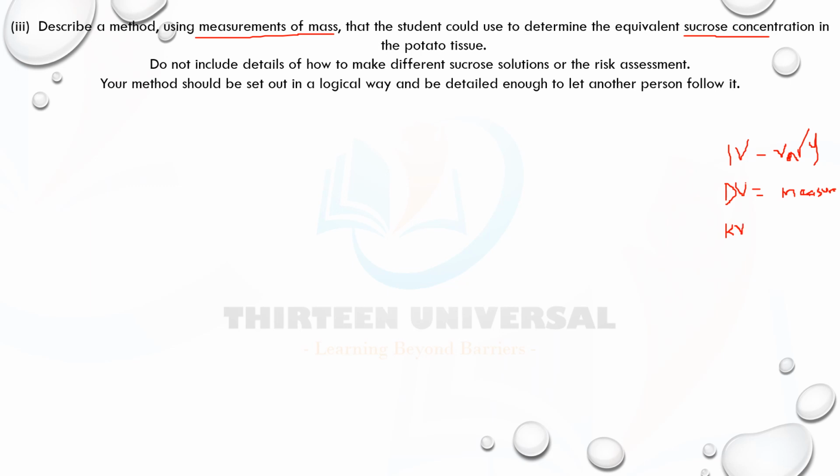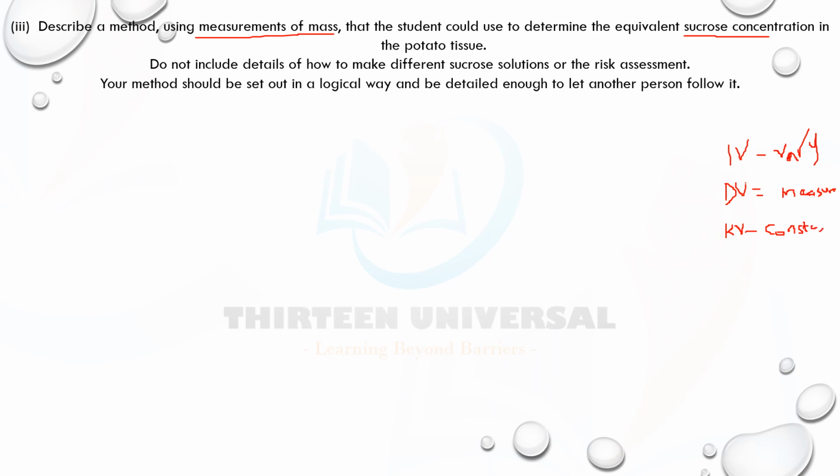The size of potato, the mass of potato, the age of potato should be kept constant. The volume of sucrose solution should be kept constant, temperature should be kept constant, and of course every other constant variable that could affect that experiment. So you now have to reflect and retrieve what should be kept constant before you start writing.